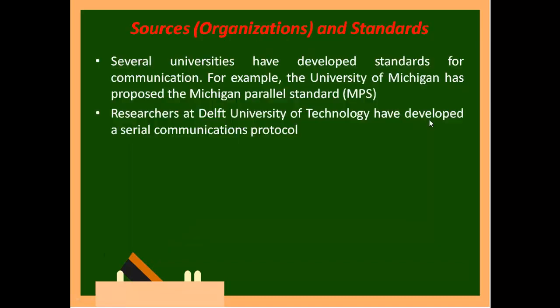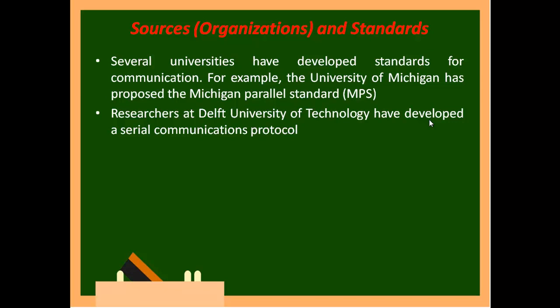Okay, so moving into source organization and standards. All this was initially done in various universities, and each and every university was developing its own protocols. The institutions are like Texas, Harvard, and many other universities that developed these protocols.